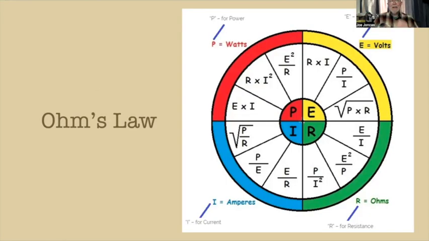Okay. Now, if you do not remember how to do it algebraically, here's the great circle of power. We've got in here E or V, volts, current, resistance, and power, and all the associated ones.